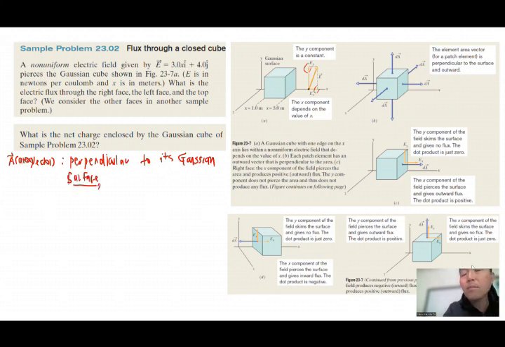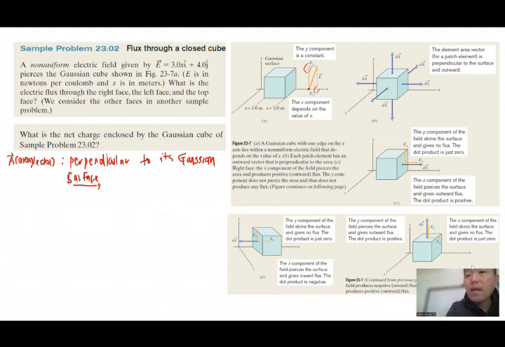If you look at picture b, the arrows indicate the direction of the area vector on the faces of this Gaussian cube. There are six faces, so there are six different vectors aligned with the x, y, z axes.